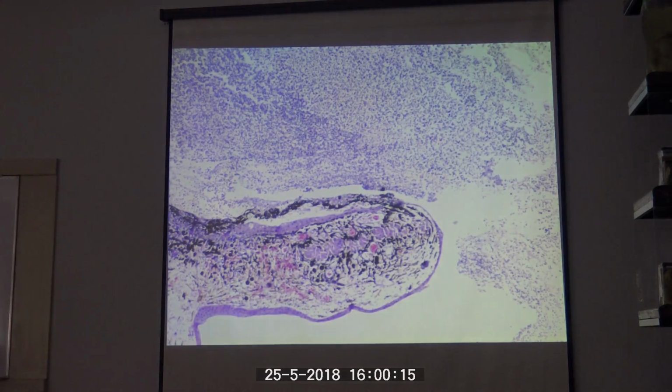So here we have an extreme case, and we just looked at a case over lunchtime where there was downgrowth of epithelium. Here we have squamous epithelium within this globe that also has a lot of neutrophils. So this is a bacterially infected globe that had a corneal puncture that allowed epithelium to downgrow and reach the inner chambers.